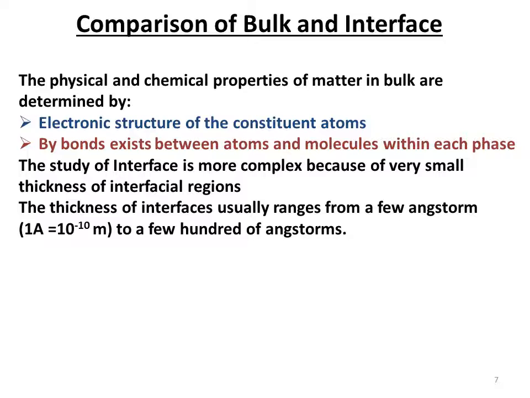The physical and chemical properties of matter in bulk are determined by the electronic structure of the constituent atoms and by the bonds that exist between atoms and molecules within each phase. The study of the interface is more complex because of the very small thickness of interfacial regions.